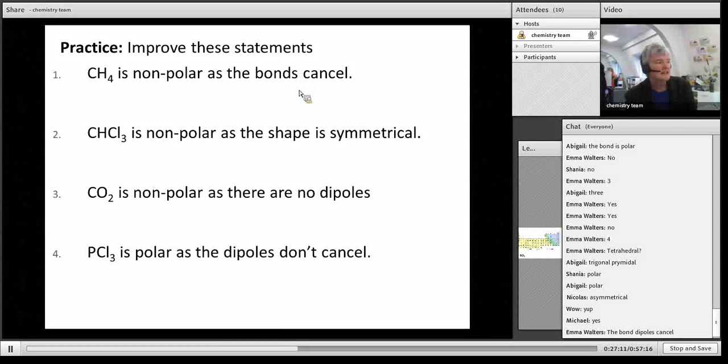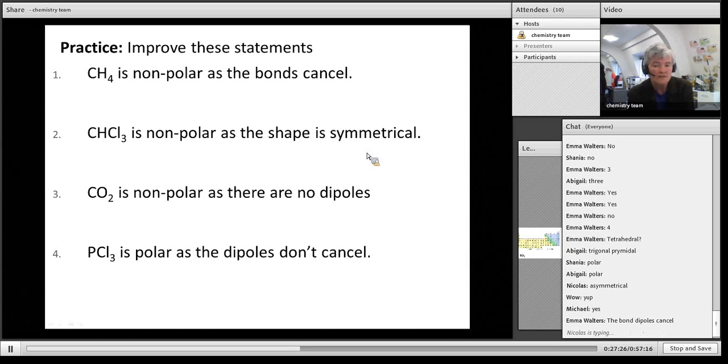So here: CHCl3 is nonpolar as the shape is symmetrical. What is wrong with this? Because at the moment this is incorrect. It's a not achieved. Now I know it's quite hard in that you don't have your Lewis structure. You can frantically draw your Lewis structure of this if you like, to work out those different steps.